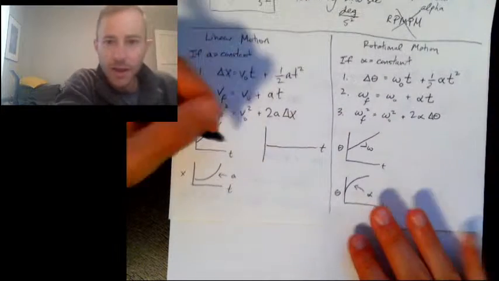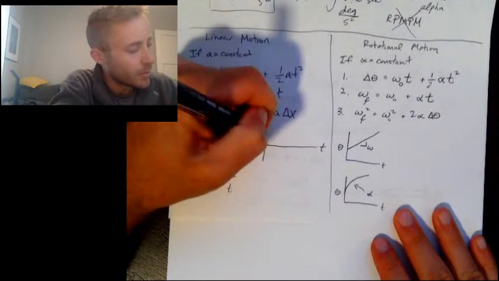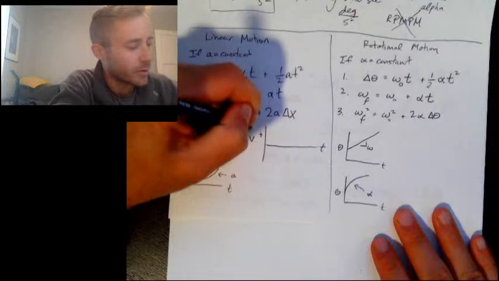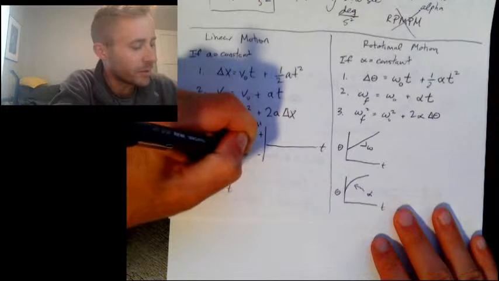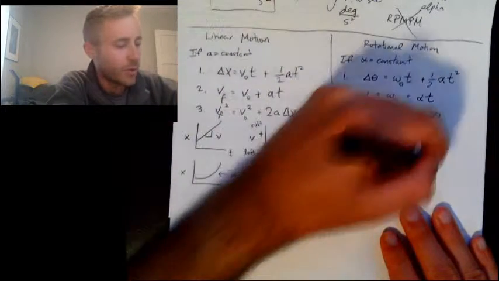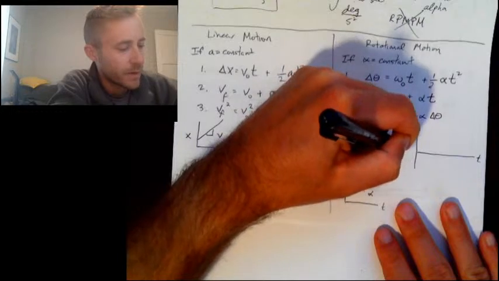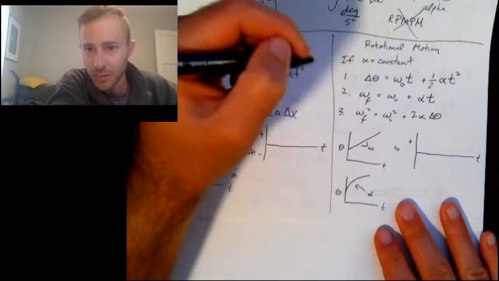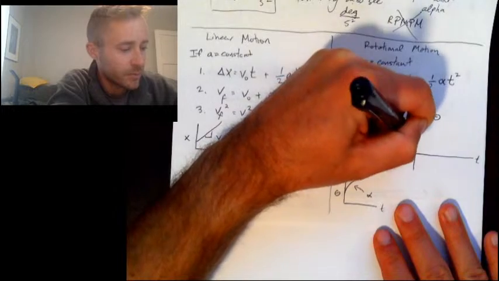If you have a linear velocity graph, positive velocities meant going to the right, negative velocities meant going to the left. Okay? If you have an angular velocity versus time graph, positive velocities means the thing is spinning counterclockwise.